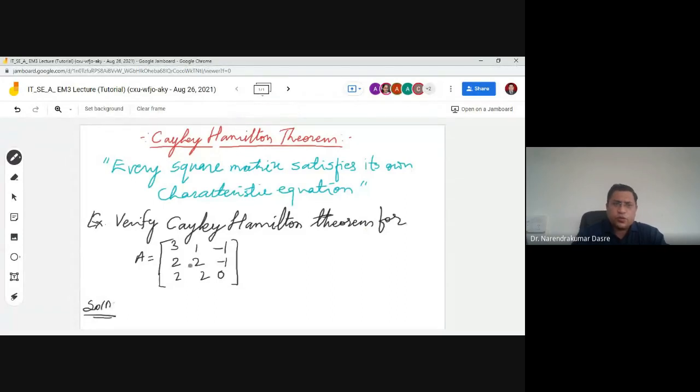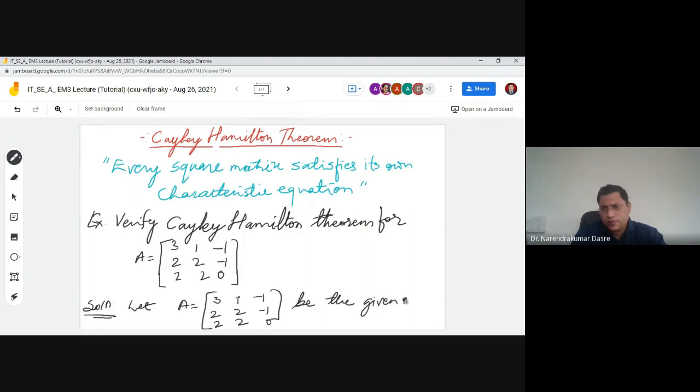If I want to show that this matrix satisfies its own characteristic equation, first I should know the characteristic equation of this matrix. So let A be the given matrix: 3, 1, minus 1; 2, 2, minus 1; 2, 2, 0.